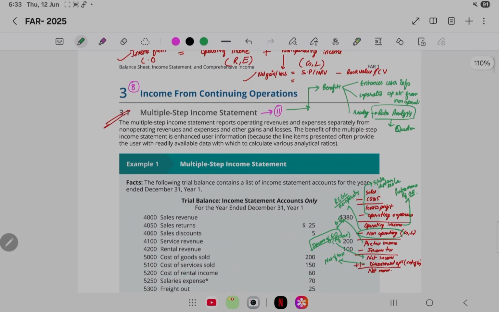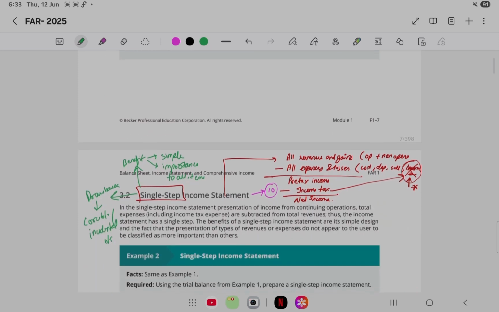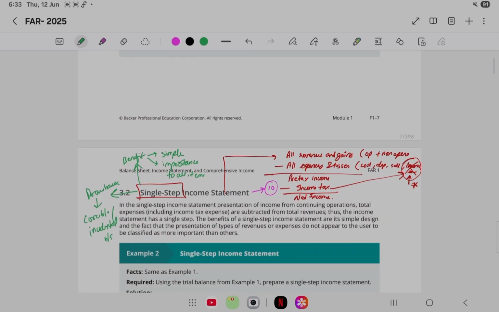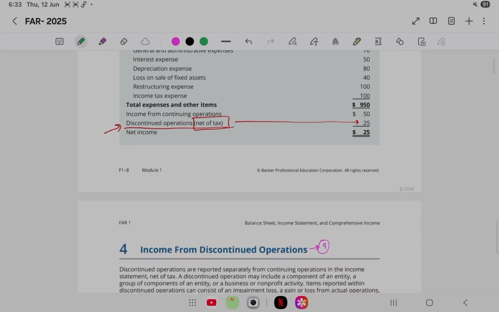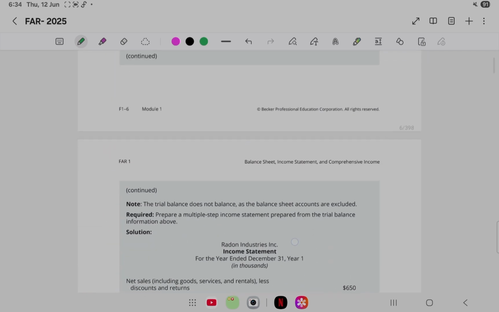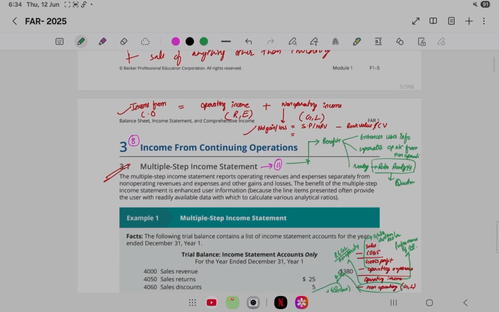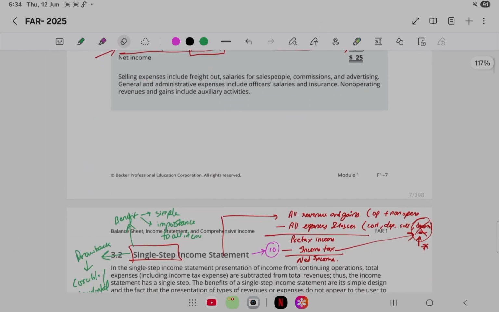Now there is one topic left that is not in this book, but I have learned that topic from the Becker material and the Becker professors. So that topic is limitation of the income statement. What are the problems we need to check as a financial analyst while we are checking the income statement of a company? That is the limitation of the income statement. Let me write it down so I do not forget.